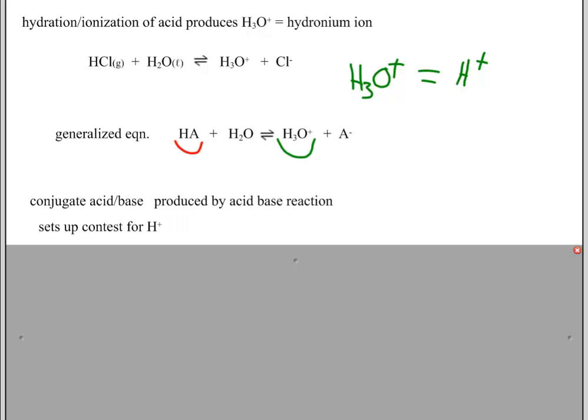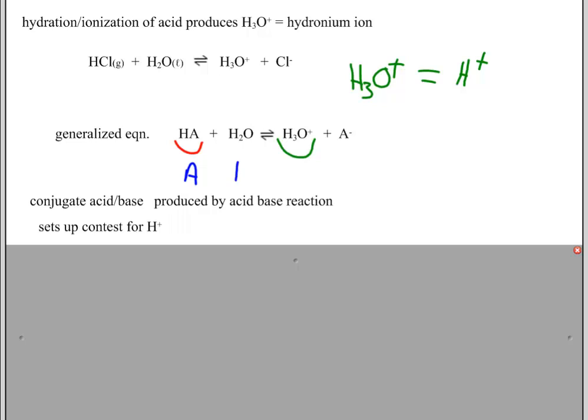And so the way that we're going to look at these reactions is we're going to label them as acids and bases, because remember, the acid's the proton donor, the base is a proton acceptor, according to Bronsted and Lowry. And then for our conjugates, we'll have a conjugate acid and a conjugate base, and those are our products. So if we look at this overall reaction, HA is our acid because it can give up a hydrogen ion, donate it.